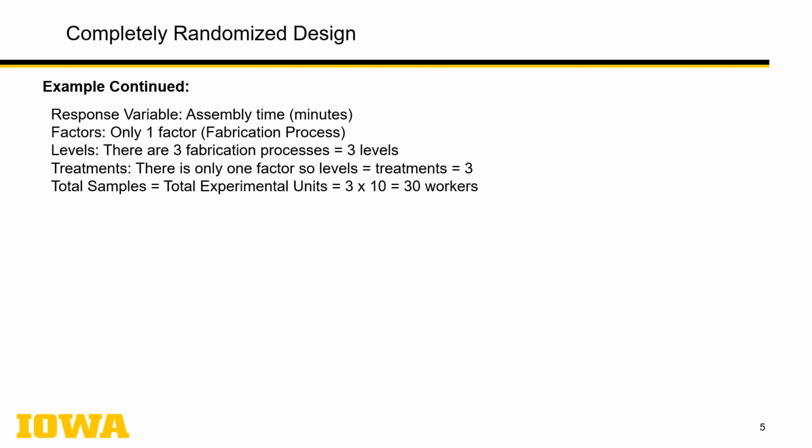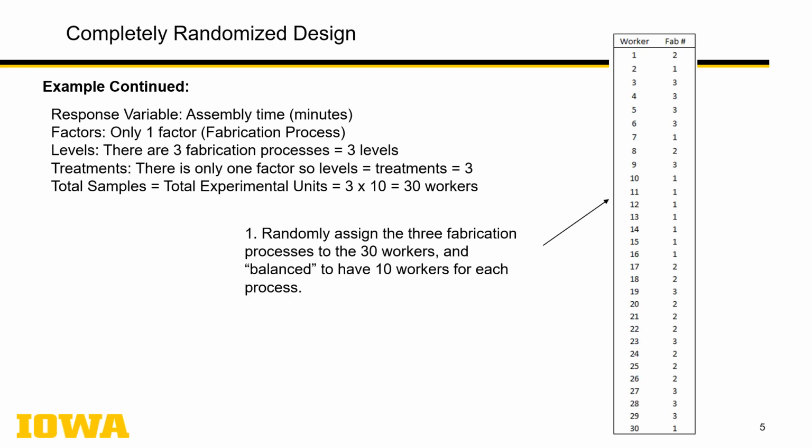We've got to go out and get 30 workers, and we have to randomly assign the 30 to the 3 different fabrication processes. So here's one technique. You have workers 1 through 30, as shown there. And then you cut out little pieces of paper with the number 1 on them, throw them in a hat, 10 of them.